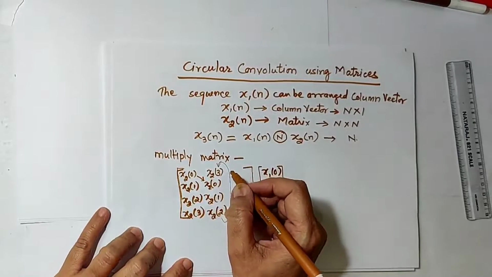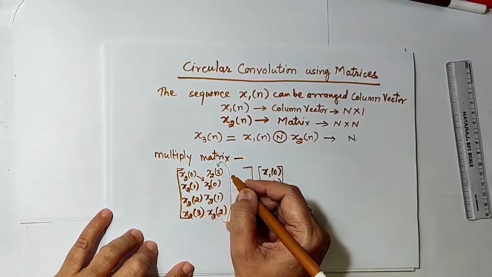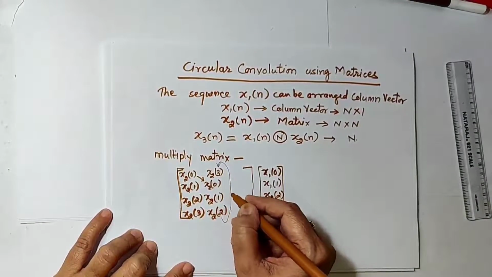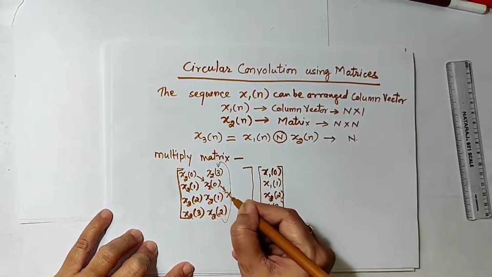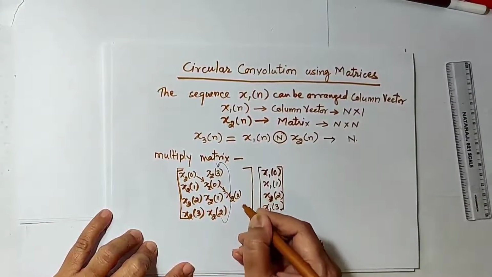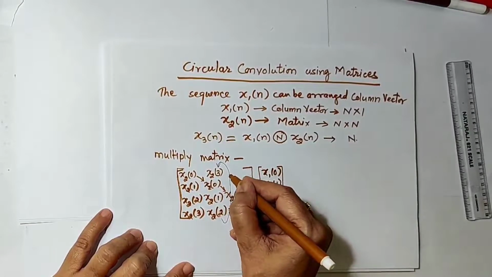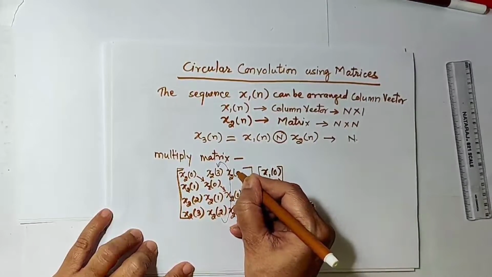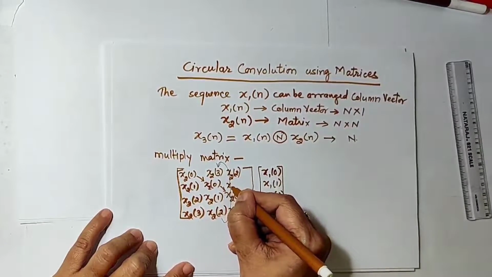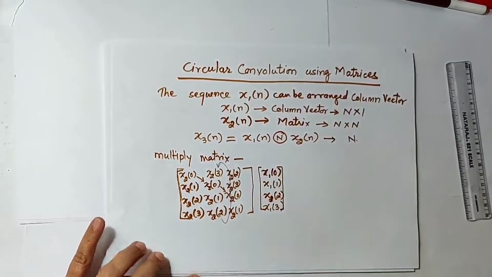The third column is shifted again by one value: x2(0), x2(1), x2(2), x2(3).